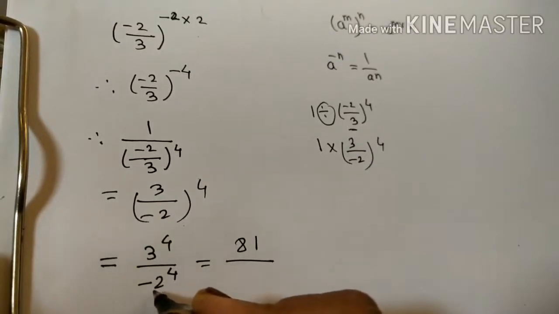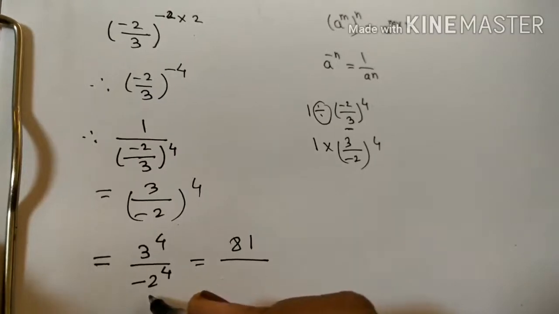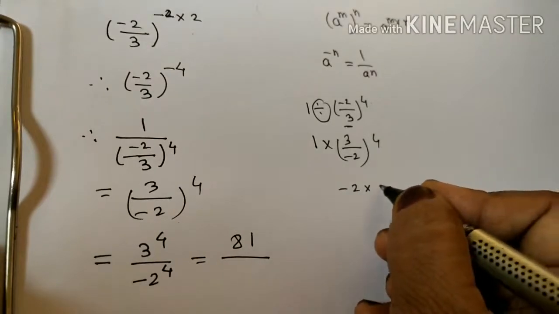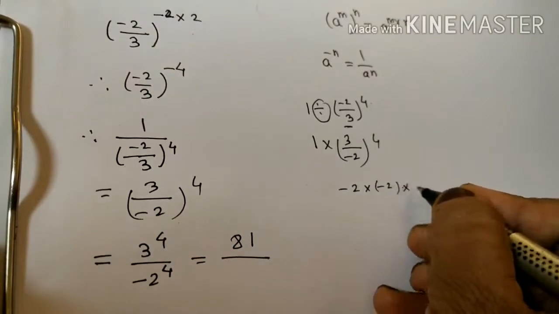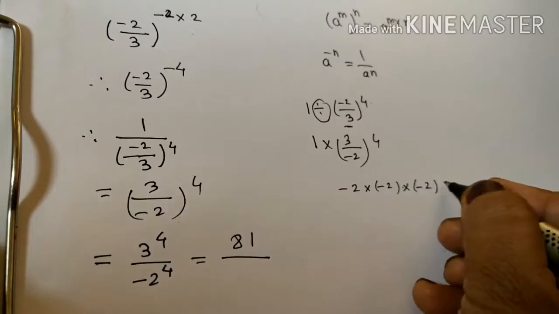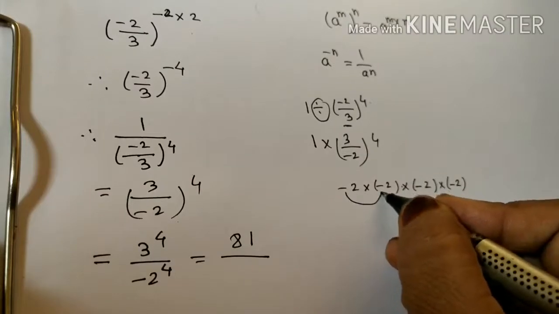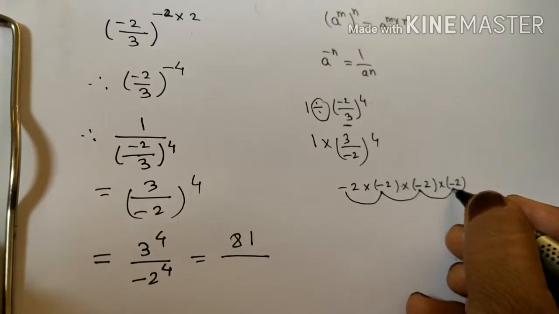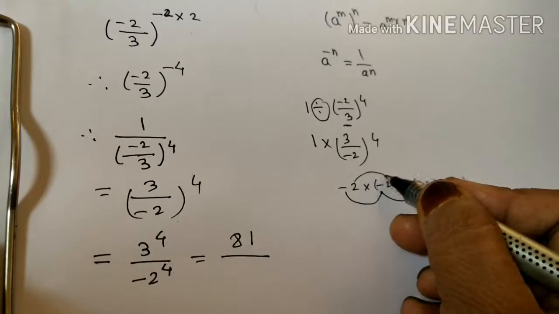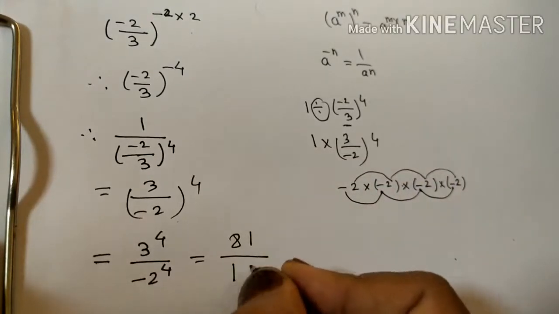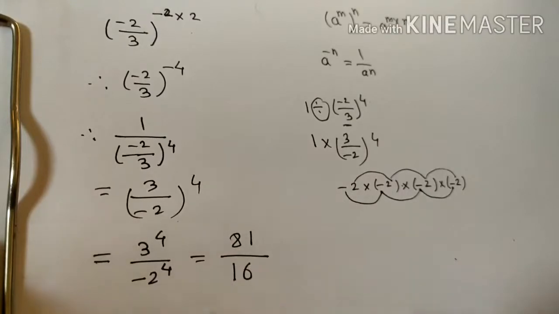Now this minus 2 raised to 4, if any negative number has power even time, then this negative number becomes positive. Means here we have to multiply this minus 2 4 times. Minus into minus plus, plus into minus minus, minus into minus plus. So multiply 2 2s are 4, 4 2s are 8, 8 2s are 16. So the answer is 81 divided by 16.